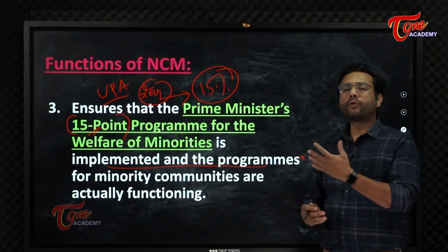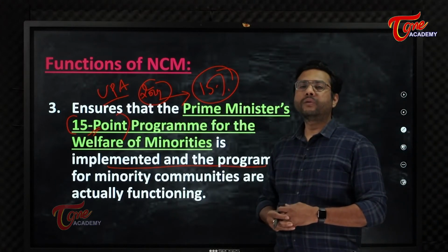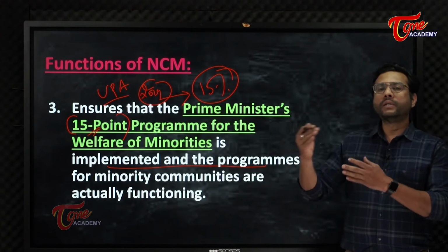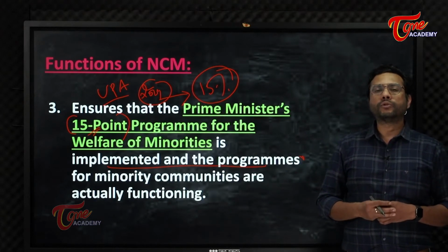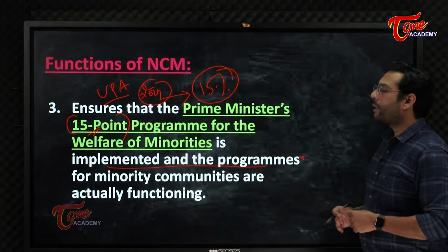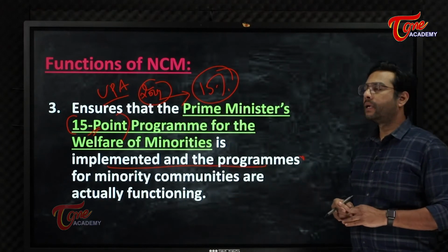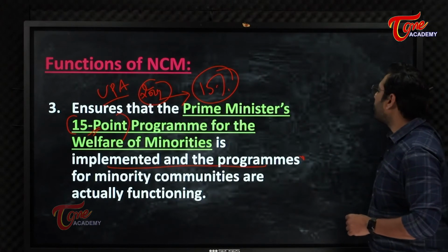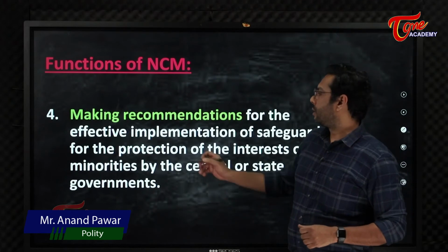Nevertheless, the program was implemented, and we have achieved good progress in education, health, and employment. So the 15-point program was an important step taken by the government to improve the lives of minorities.